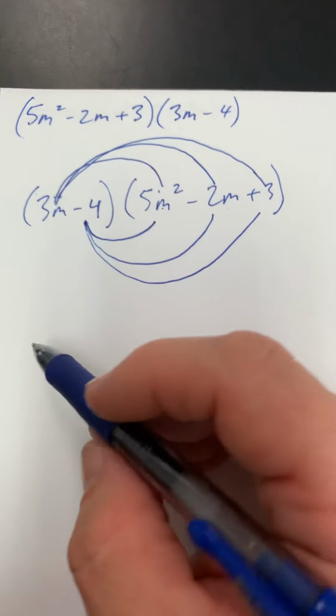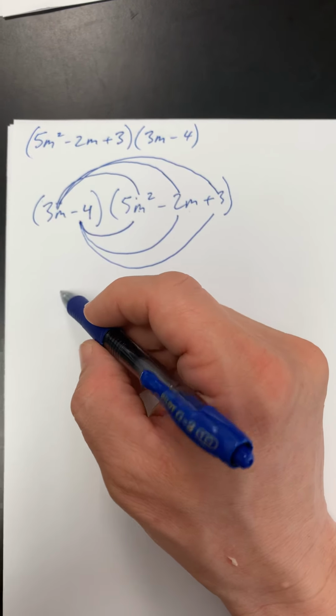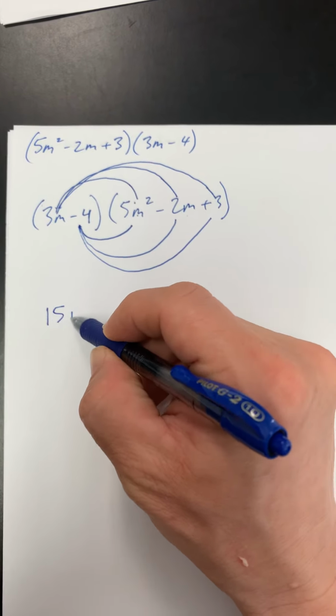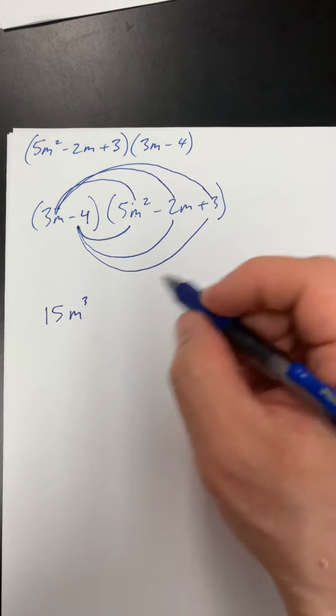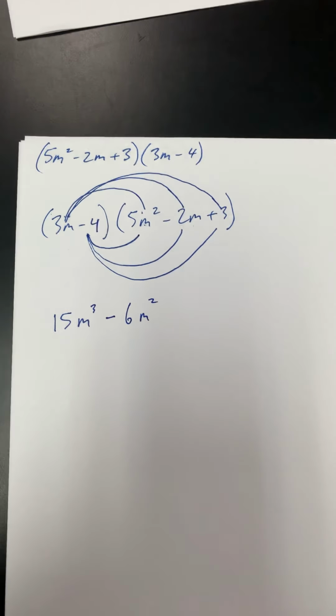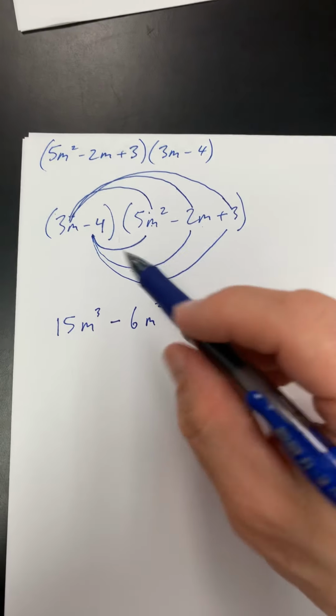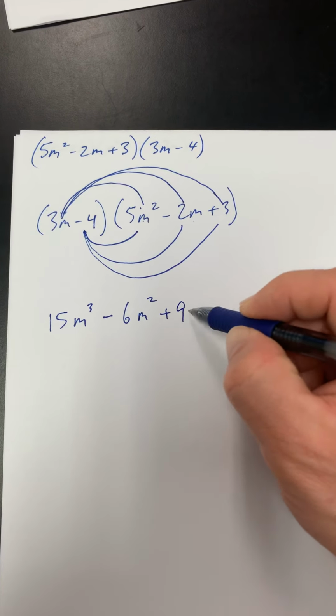All right, so let's do it. 3m times 5m squared, 15m cubed. 3m times negative 2m, negative 6m squared. 3m times 3, positive 9m.